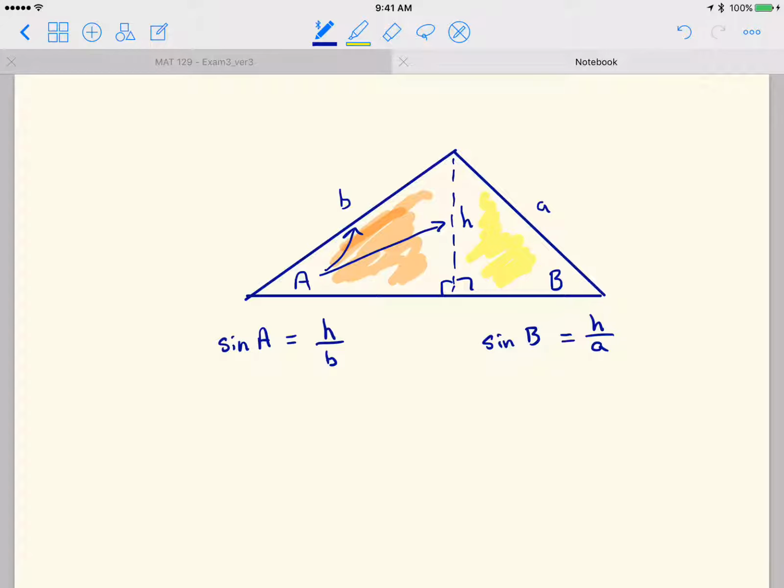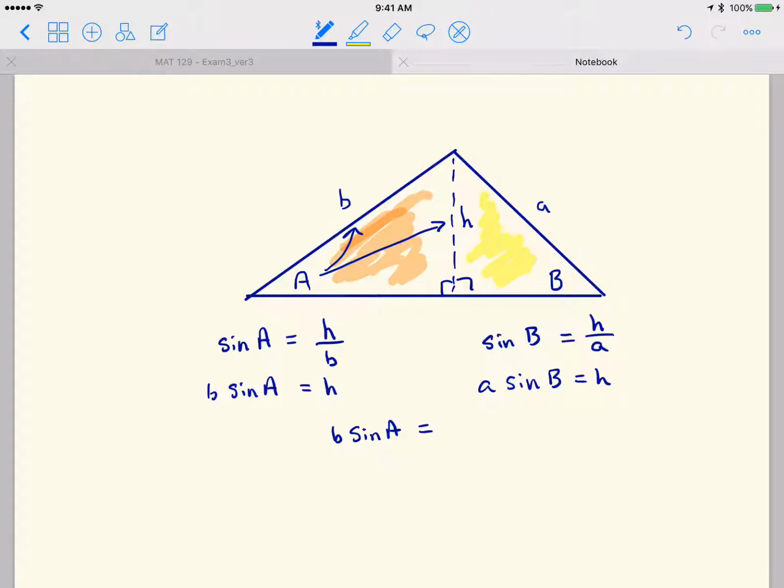Now we could solve both of these for h, so this would be b times the sine of A equals h, and a times the sine of B equals h. Well, if both of these are equal to h, then that means they're equal to each other.